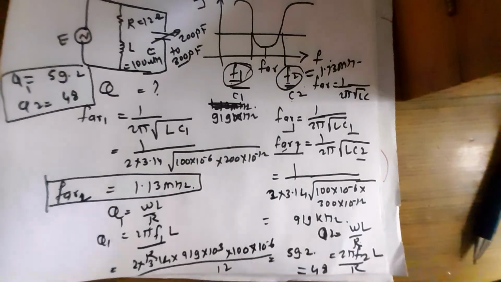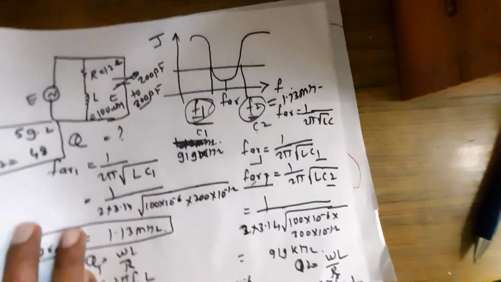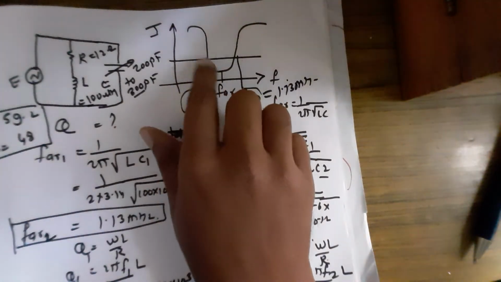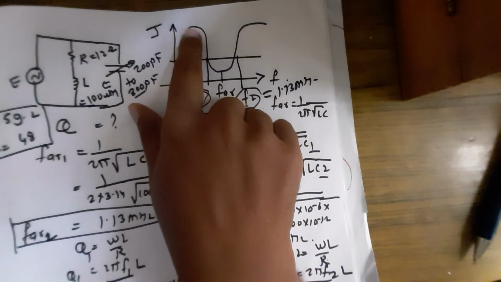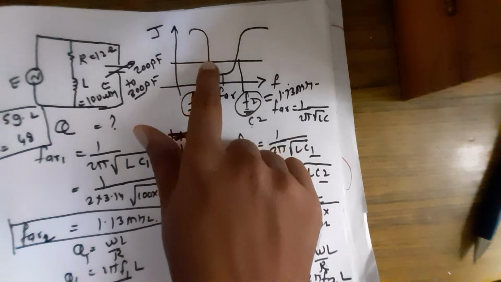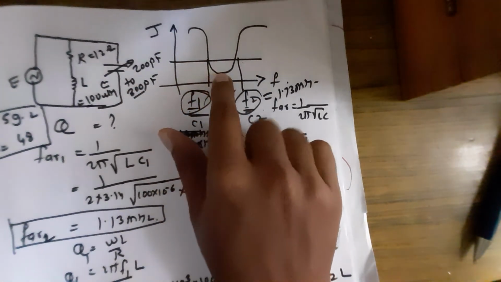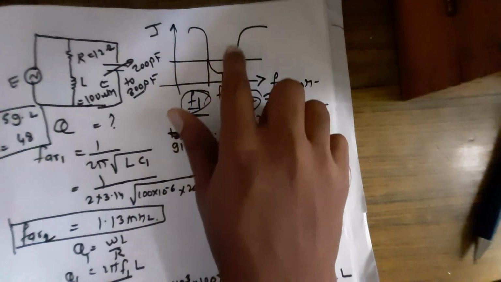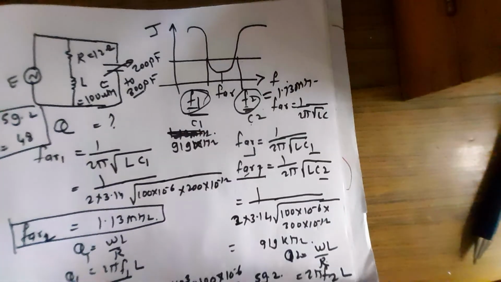If you observe the graph of this parallel resonance, the gain is maximum here at the lower frequency. Afterwards, if you increase the frequency, the gain or value of current decreases, and for the higher frequency the gain again increases.